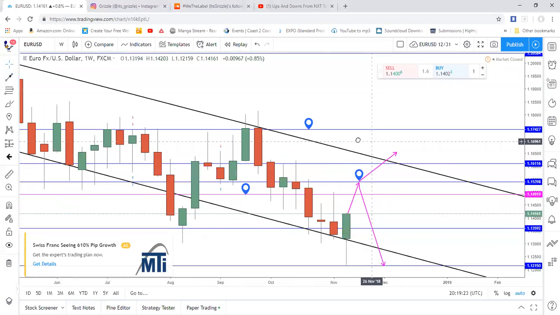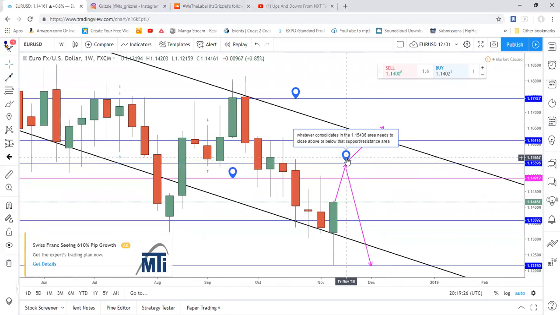Okay, so we got our little note right here. Whatever consolidates in the 1.1436 area needs to close above or below that support resistance area.